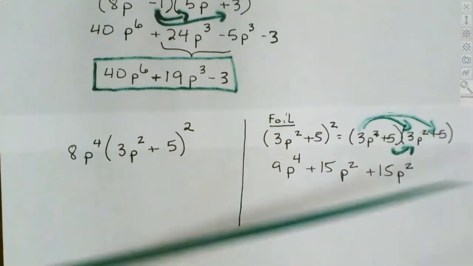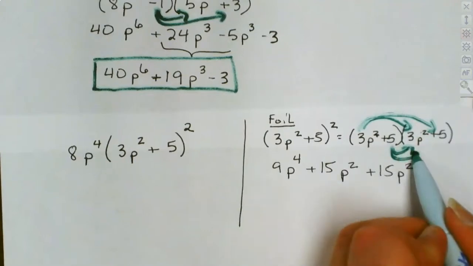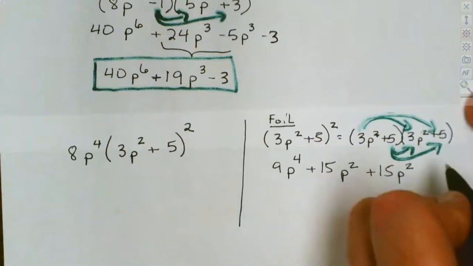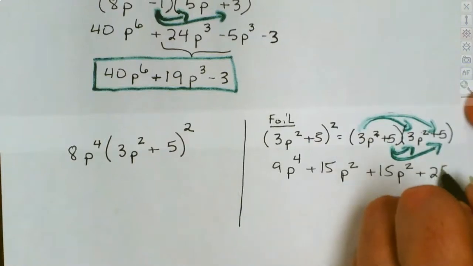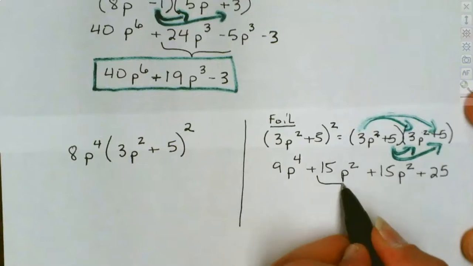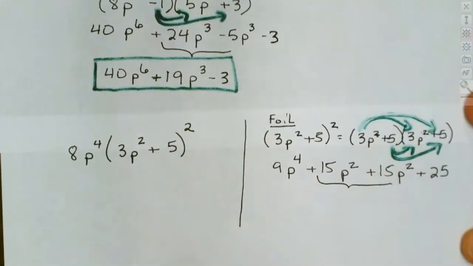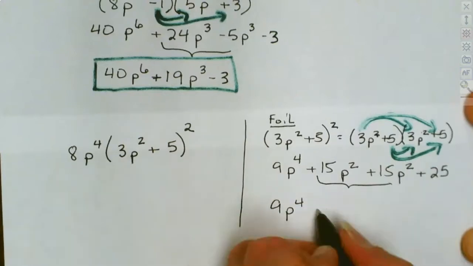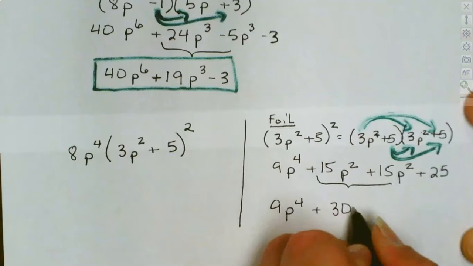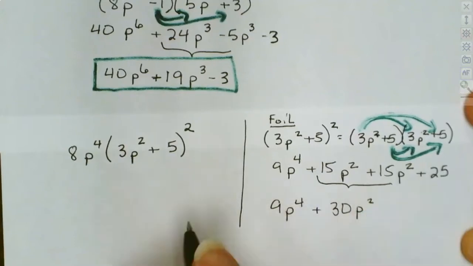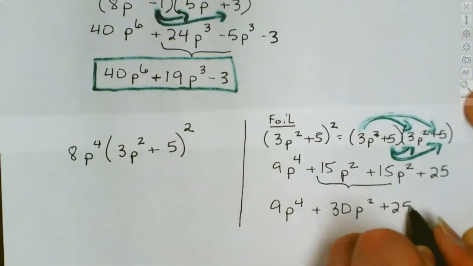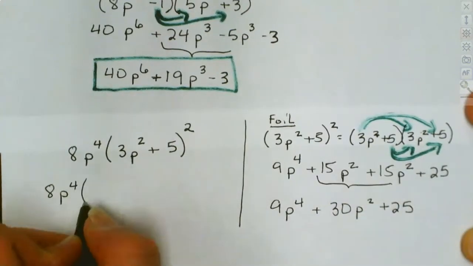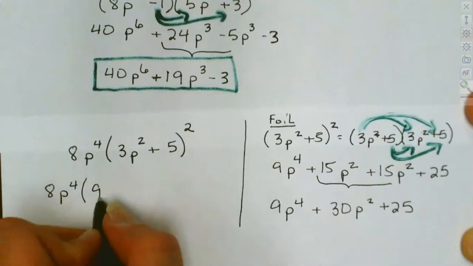And finally, last times last. Well, what is that now? That is 25. Can these go together? Yes, they can. So that's going to be 9p to the fourth, these can go together to make 30p squared, plus 25. And we still have that 8p to the fourth left out in front.